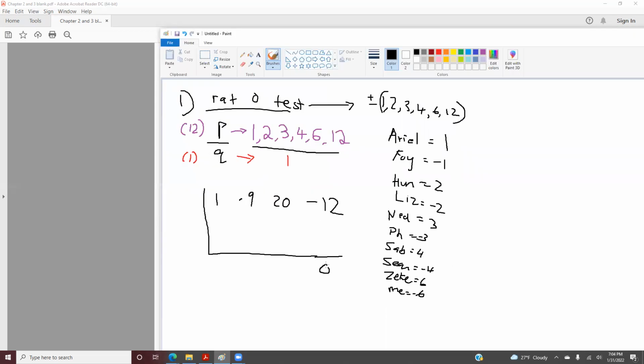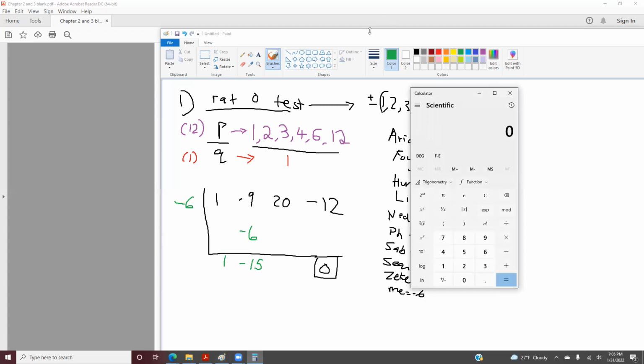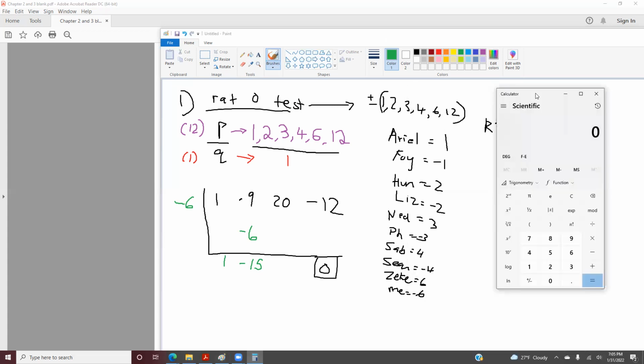And our main goal here is: is your remainder 0 or not? Yes or no? Make sure you have a calculator. And guess what?